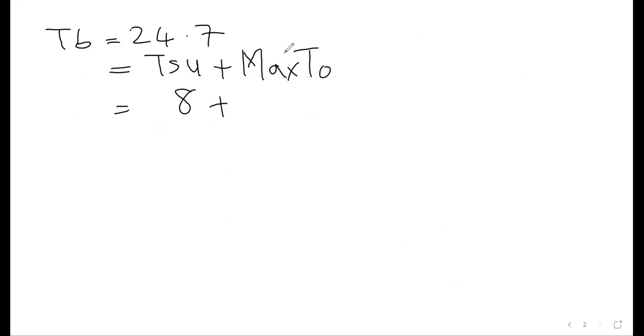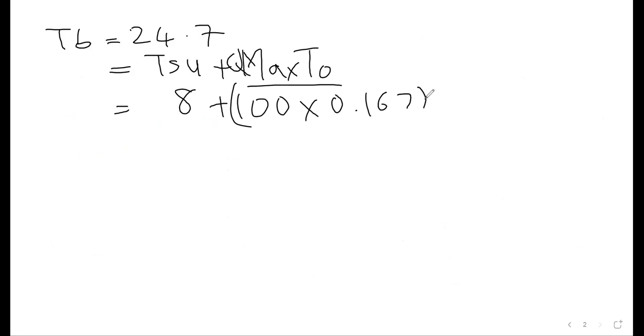Plus the quantity is 100, Q multiplied by max TO, the maximum one, 0.167 just now.